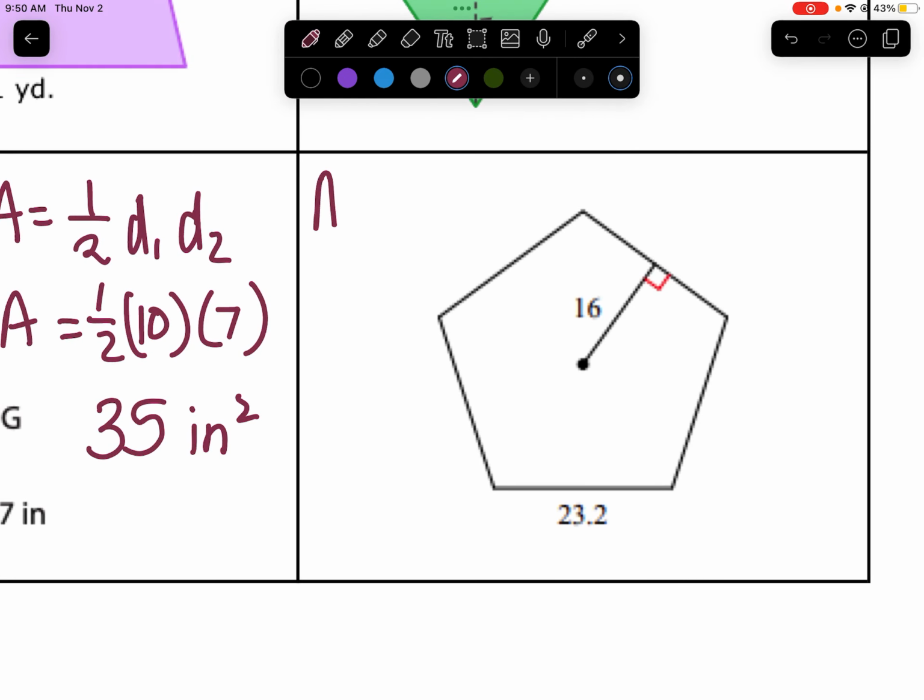One last problem. Area for a regular polygon is 1/2 apothem times perimeter. And so our apothem is 16. Our perimeter, I have to do 23.2, one side, add up all the sides, so times the 5 sides, and I get 116.